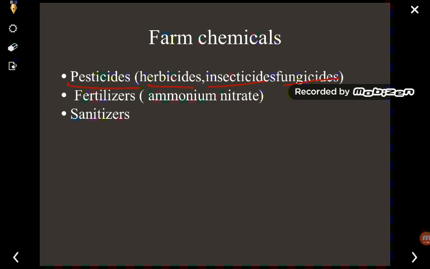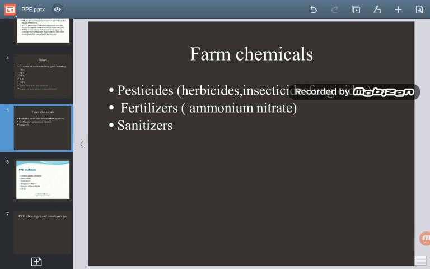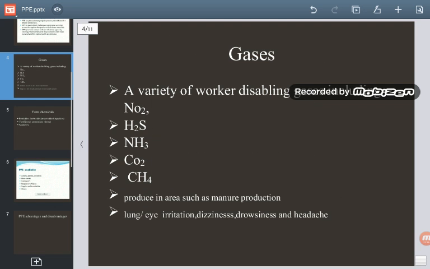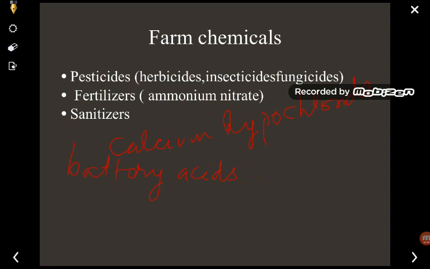Next, coming up to the fertilizers. So fertilizer may include ammonium nitrate. It is again dangerous. So the chemical sources may be pesticide, it may be fertilizer, and nowadays you have seen sanitizer. This sanitizer consists of calcium hypochlorite, and then the battery acids.